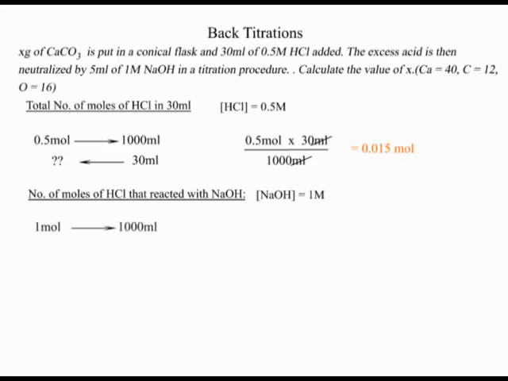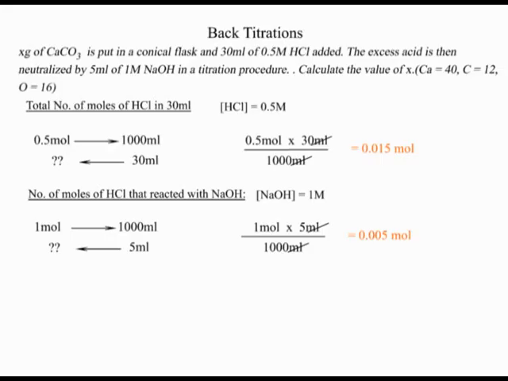So 1 mole is in 1,000 ml. How about 5 ml? We get 1 times 5 ml over 1,000 ml, giving us 0.005 moles.